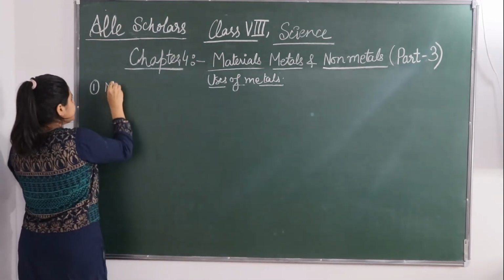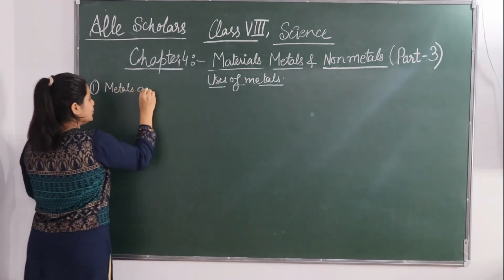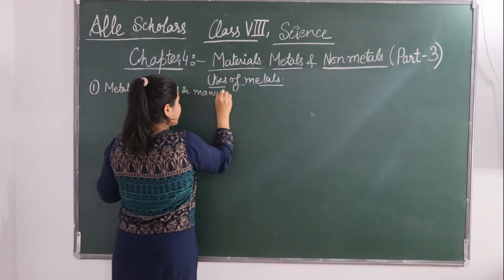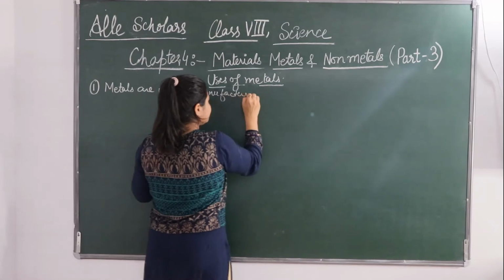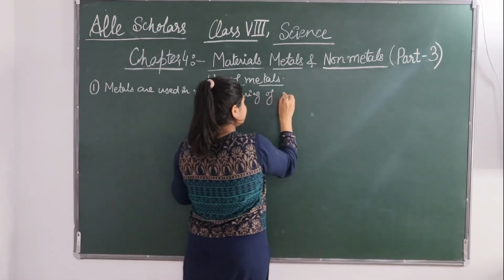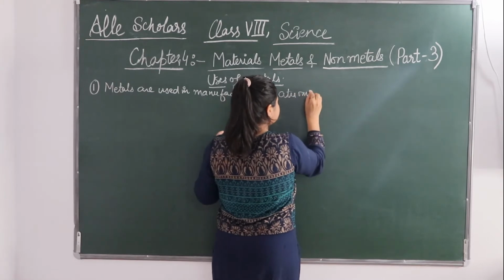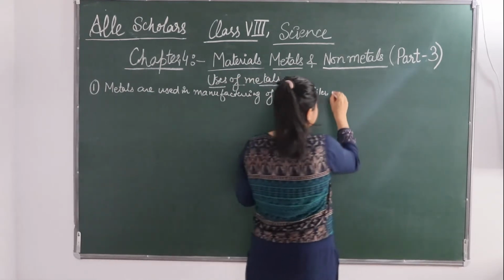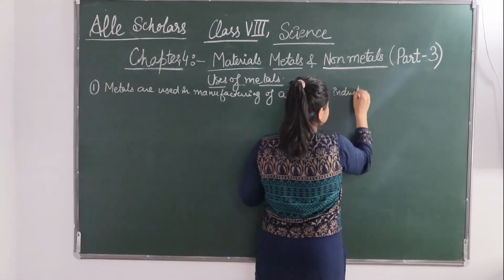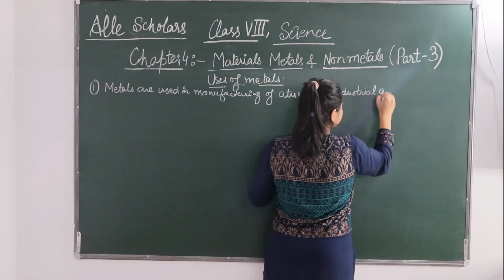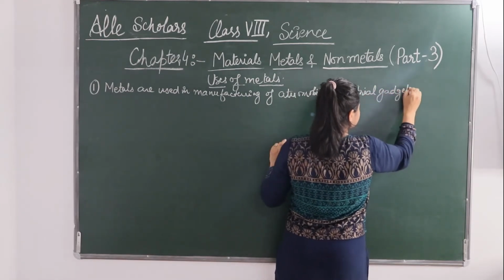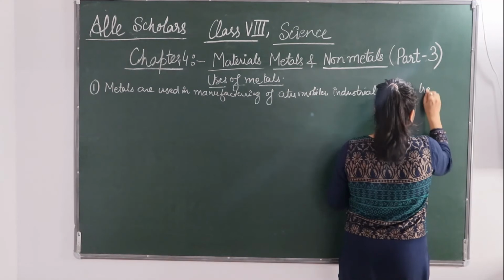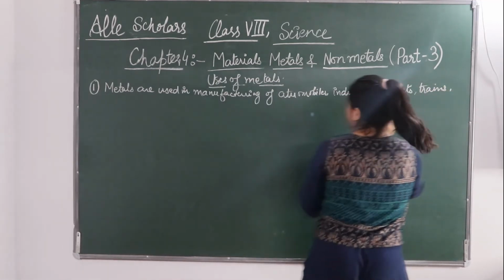So metals are used in manufacturing of automobiles, different industrial gadgets, and so many things where metals are used. Trains are there, satellites are there.